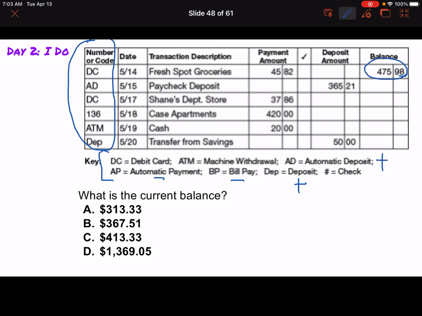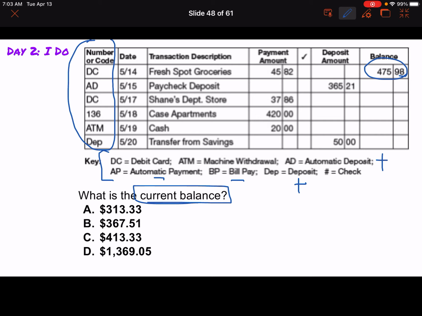So they're asking us, what is the current balance? So we need to solve all this. After the fresh spot grocery, the total balance is $475.98. May 15th, there's a paycheck deposit of $365.21.